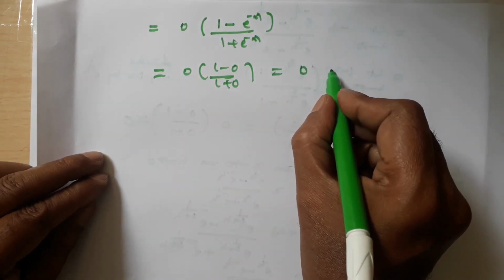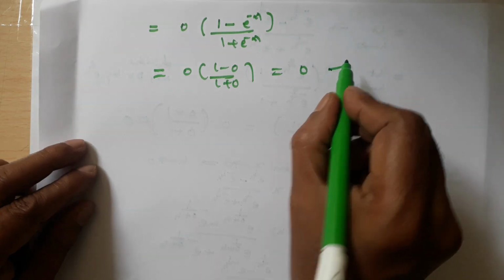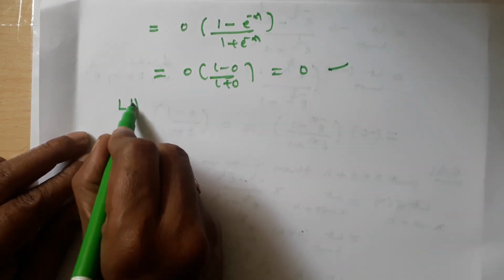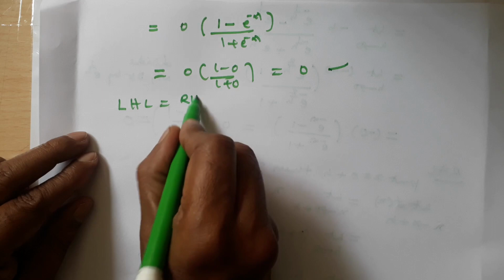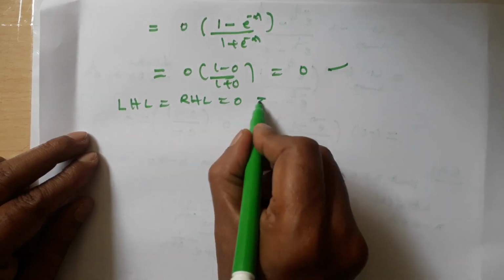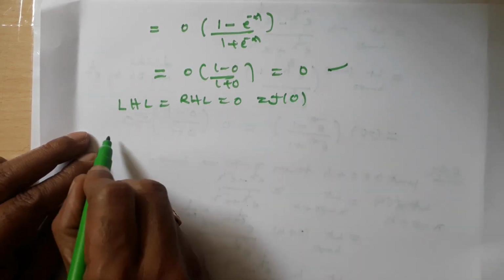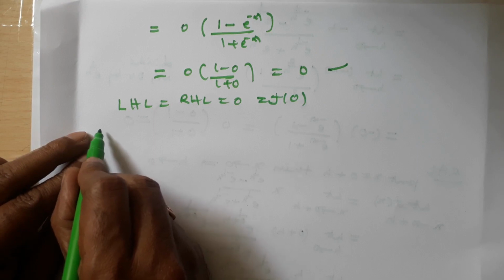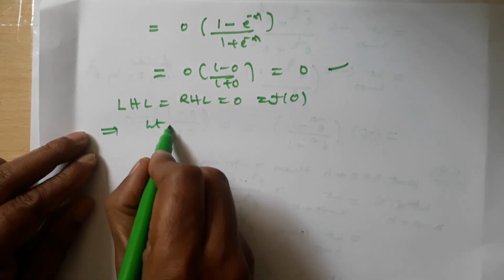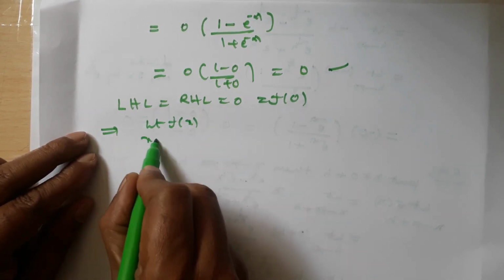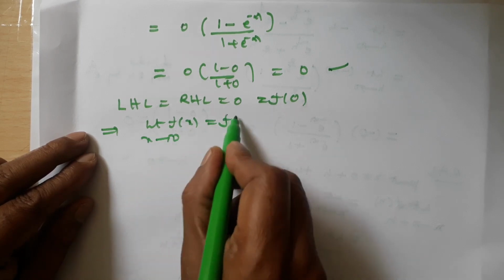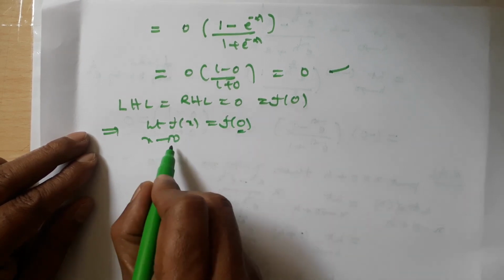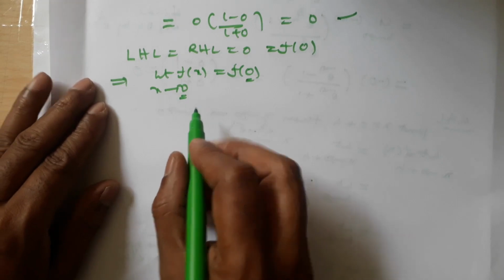So the RHL value is 0, just like the LHL. That is, LHL is equal to RHL is equal to 0, which is equal to f of 0. This implies limit f of x as x tends to 0 is equal to f of 0. It is 0, here also 0, so the function is continuous.